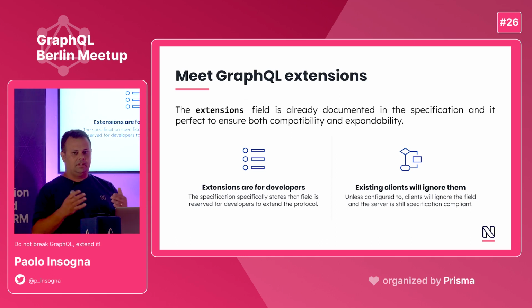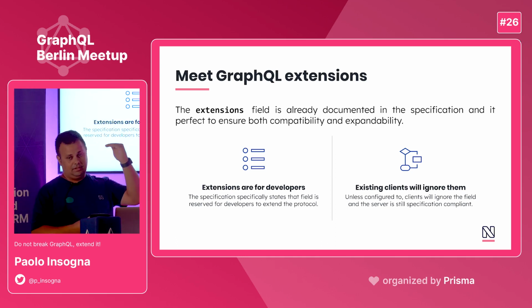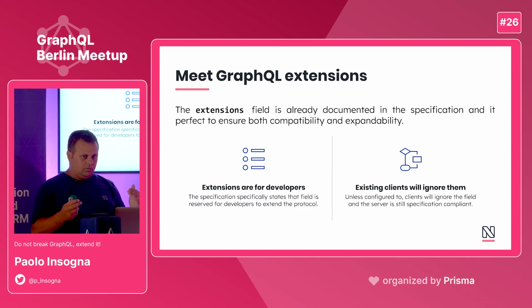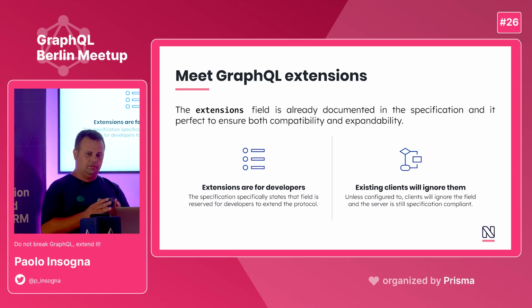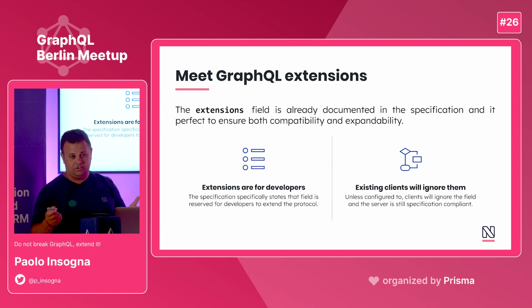Now, we all know that a GraphQL response is made of data and errors. We probably also know that there are extensions possible in a GraphQL response, but we don't often use them for no apparent reason. I mean, in theory, if we control the server and the client, we don't need extensions for any reason, except maybe for some metadata.